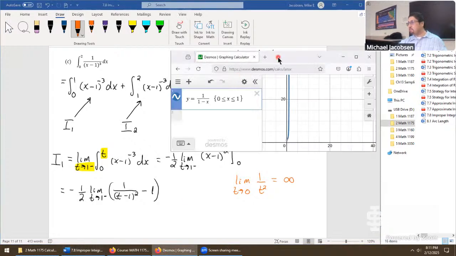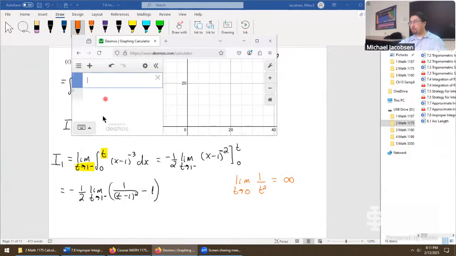Seeing it numerically, essentially what we're saying is we're taking 1 over something small squared. So it would start up like this, but then it would become, say, 0.1 squared or 0.01 squared. As it gets smaller and smaller heading towards that limit, the values get larger and larger. So that's our indication.